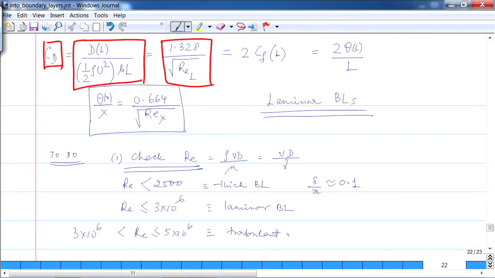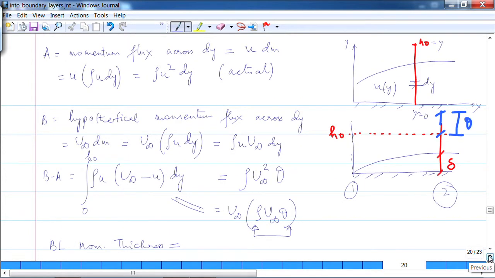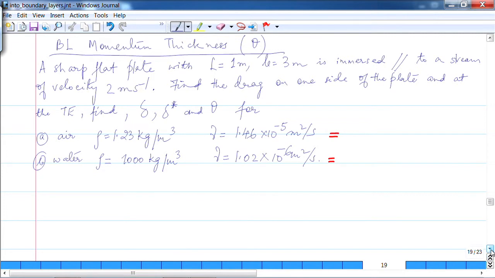So let us go and revisit the problem that we had started out with, regarding the sharp plate. This is what we were doing.